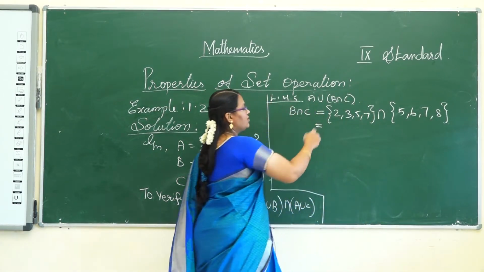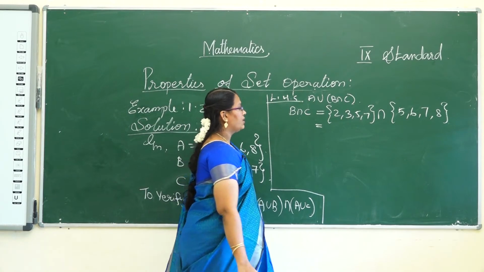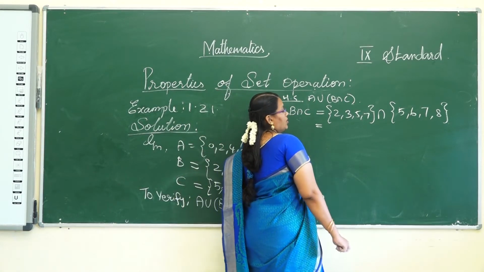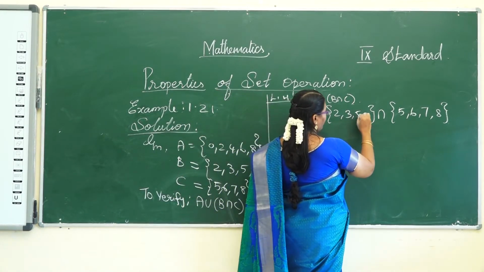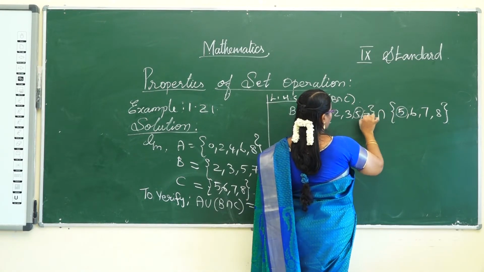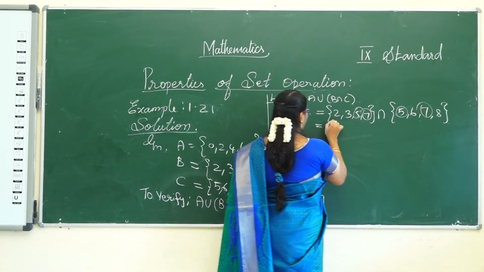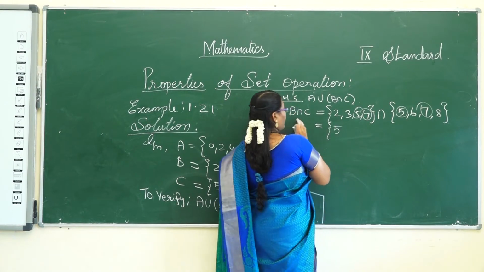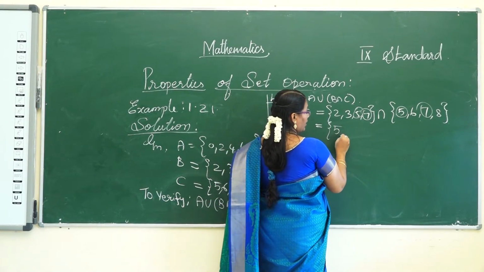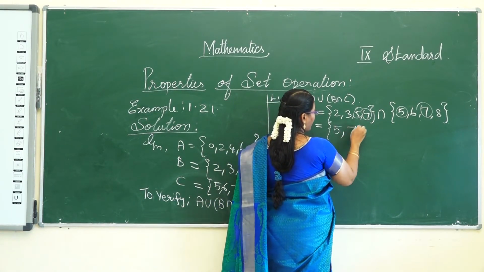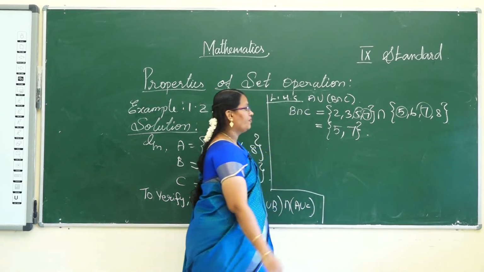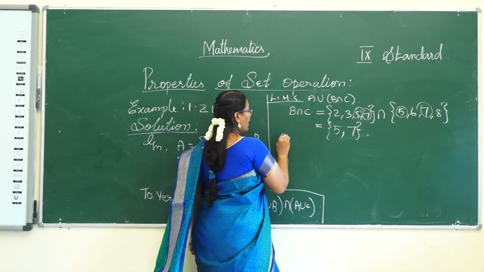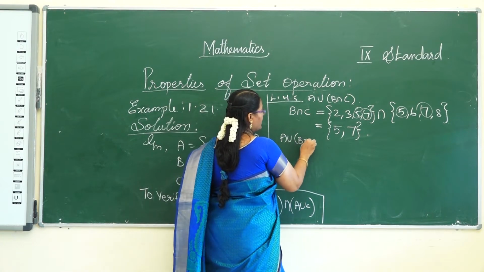Intersection means common elements in both sets. 5 is common, 7 is also common. So B intersection C has the elements 5 and 7.